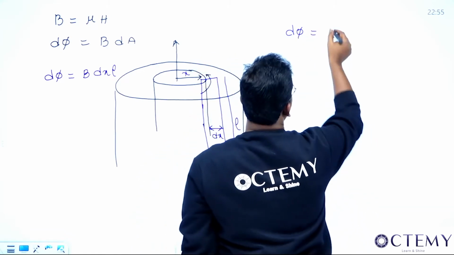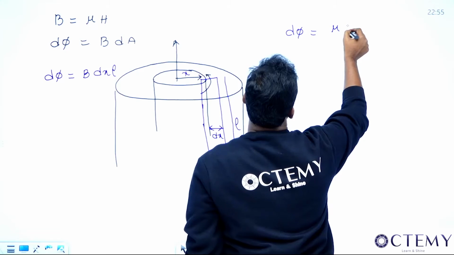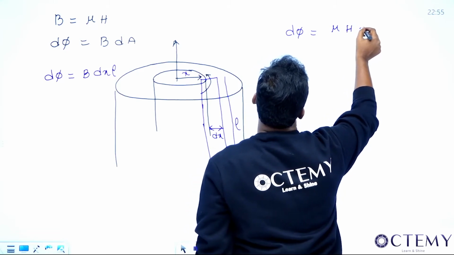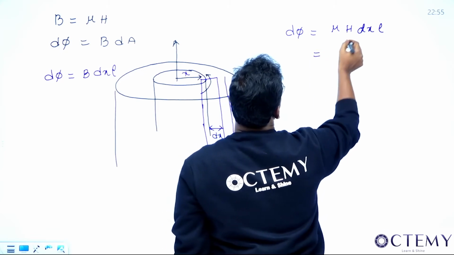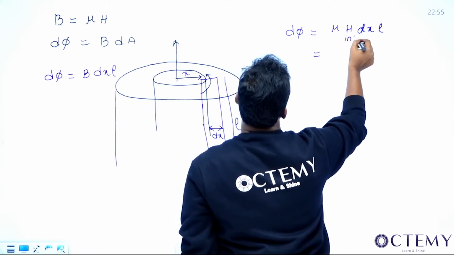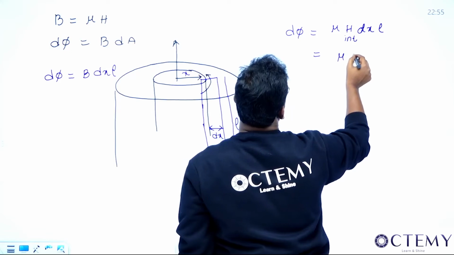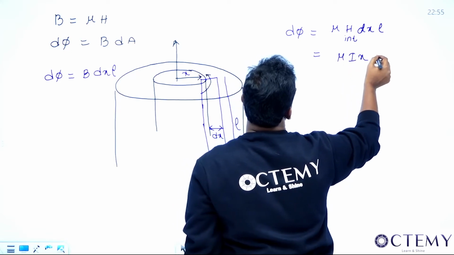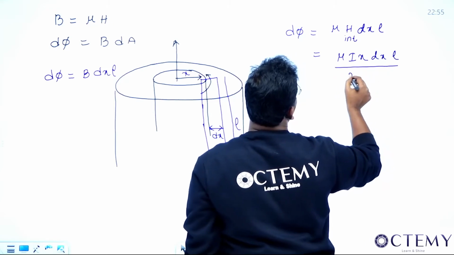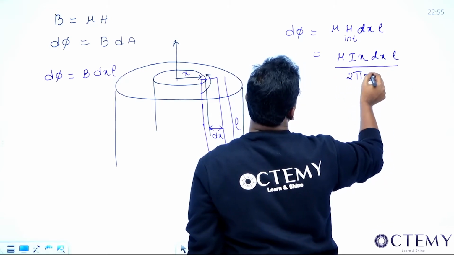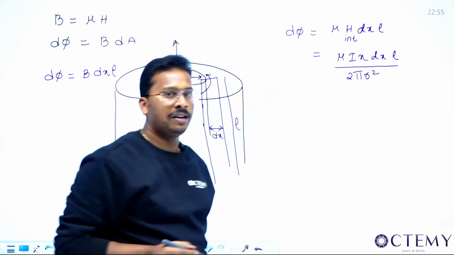We got B as mu H into dx into L. But this is H internal. So what is the H internal you got? That is mu I x dx into L divided by 2 pi r square. Right? Very good. This is your d phi.